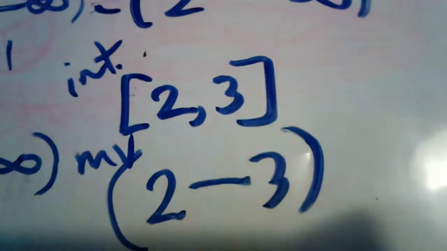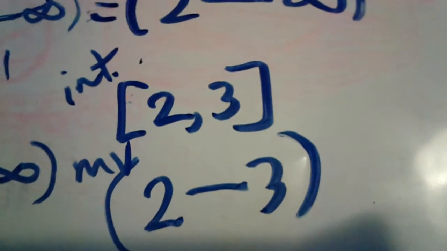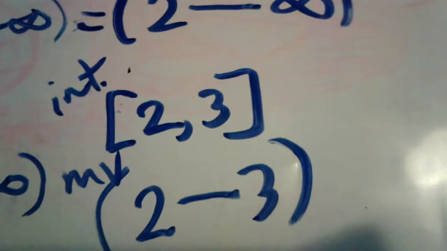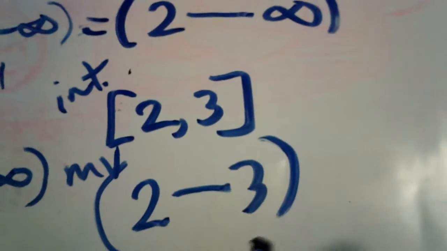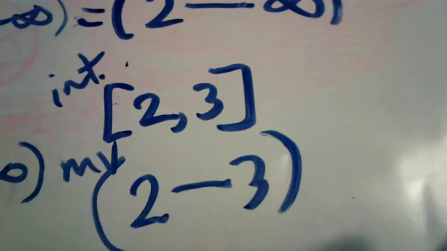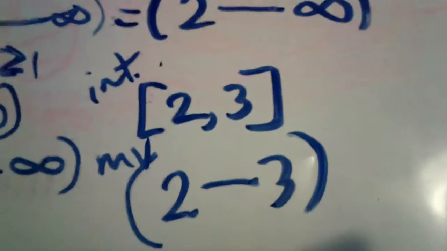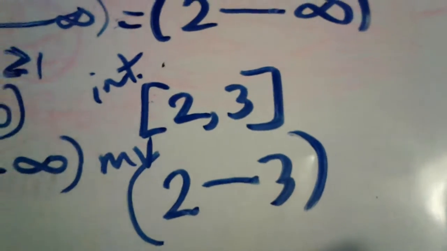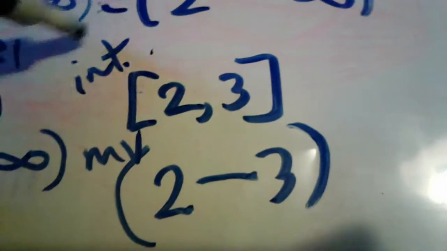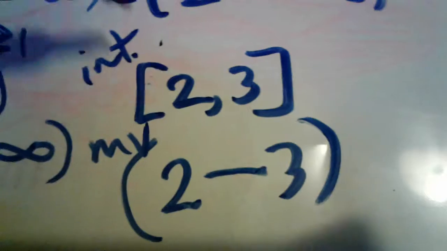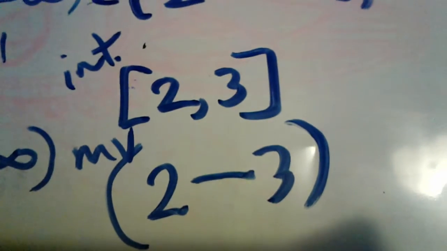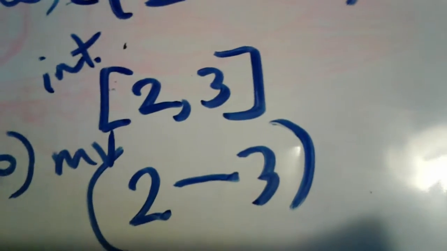However, operations like union can be a bit tricky, because a union might not include a certain value because of an open bracket. So it's best to use intervals in that scenario.